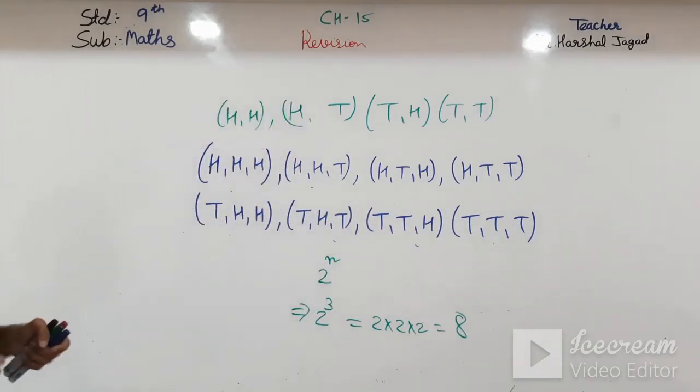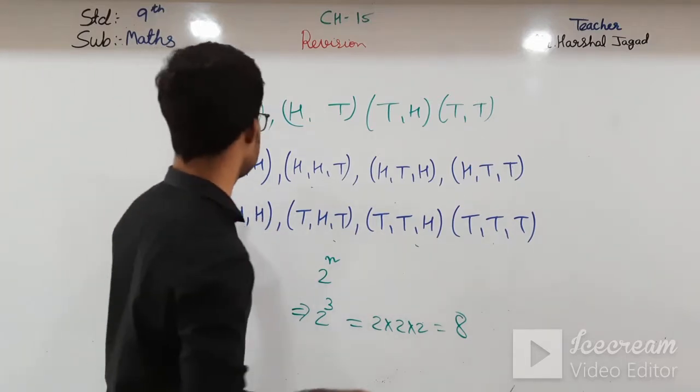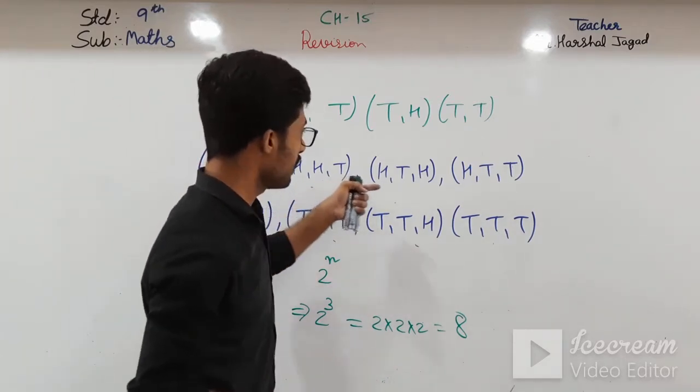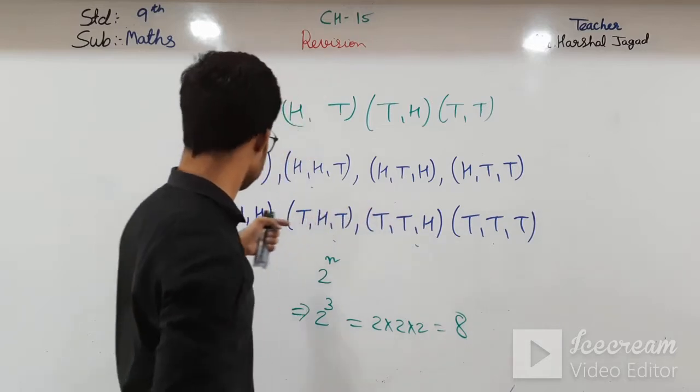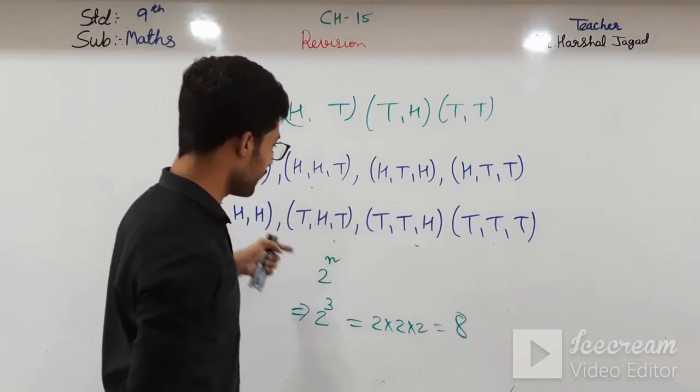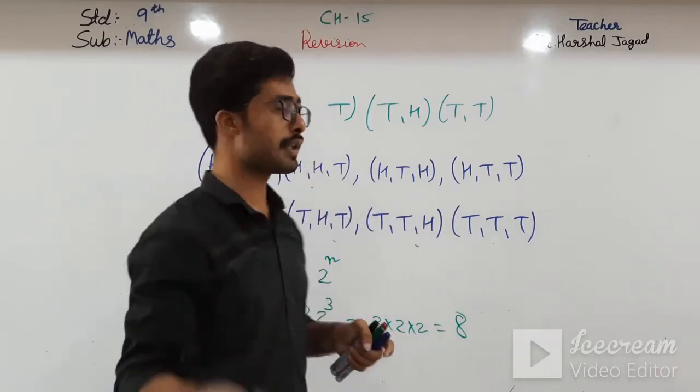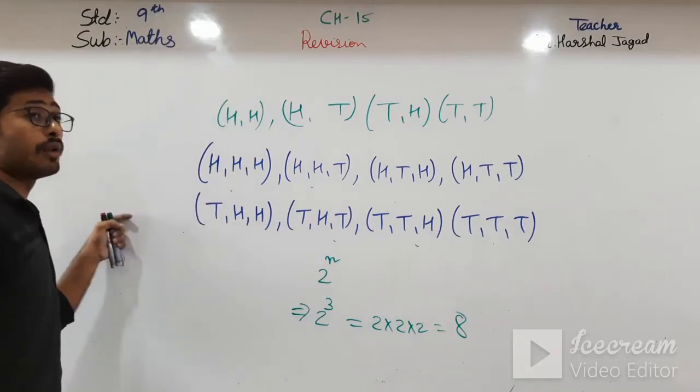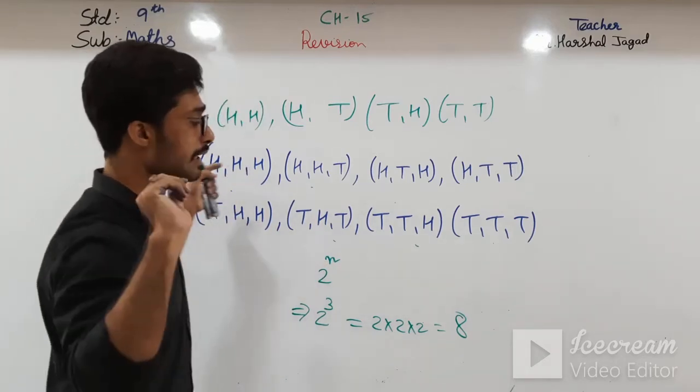And then they will say 2 heads and 1 tail, so over here 1, then 2, then 3. Yes, that is also 3 by 8. And what is the probability of getting all 3 heads? That is 1 by 8.